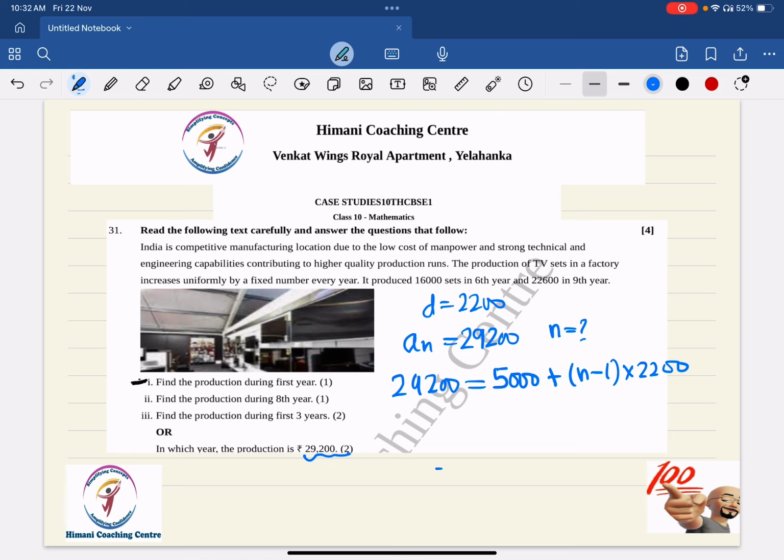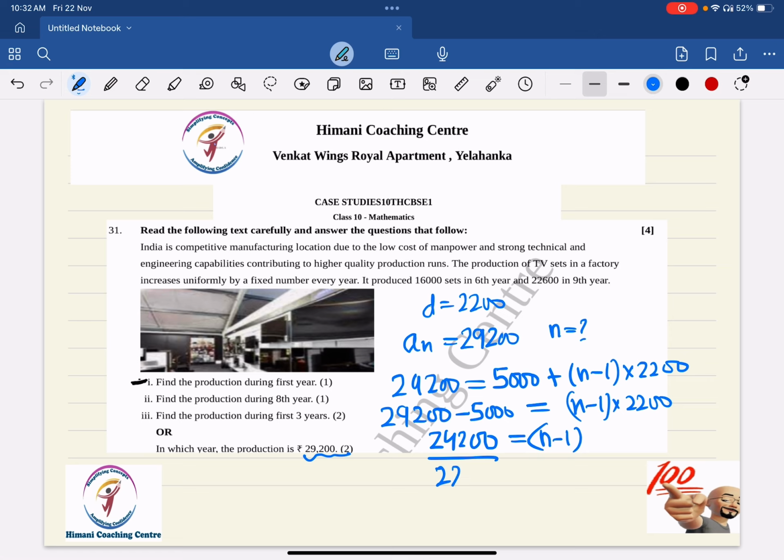Now this 5,000 we can bring to this side and make it 29,200 minus 5,000, which is equal to n minus 1 times 2,200. So let's do this one. We will get 24,200 equals n minus 1 times 2,200.